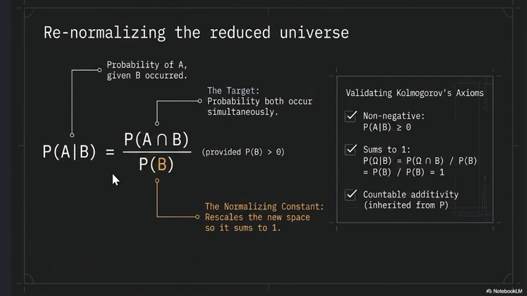I have not mentioned this in the PPT, but probability of A1 intersection A2 intersection till intersection of AN is equal to probability of A1 into probability of A2 given A1 has occurred into probability of A3 given A1, A2 has occurred, and it goes on.